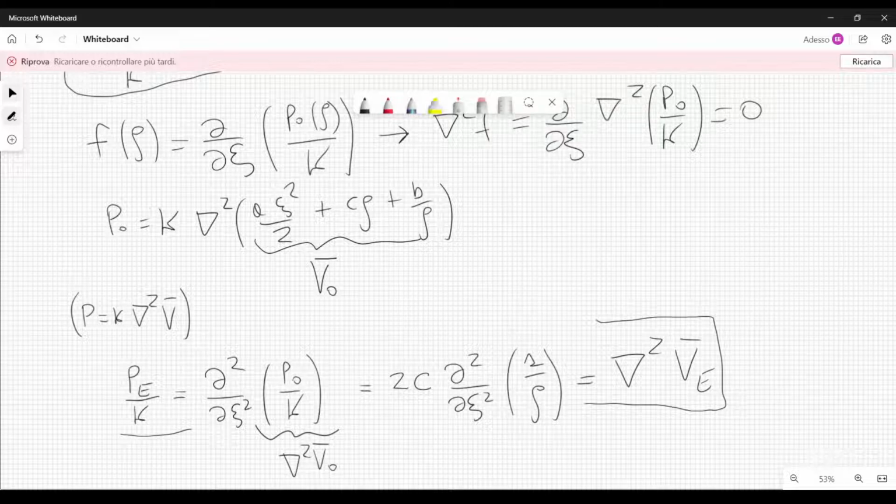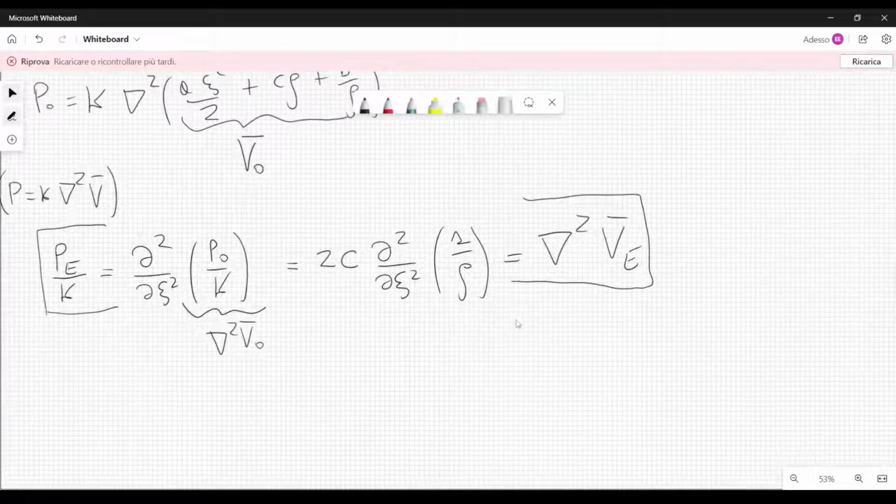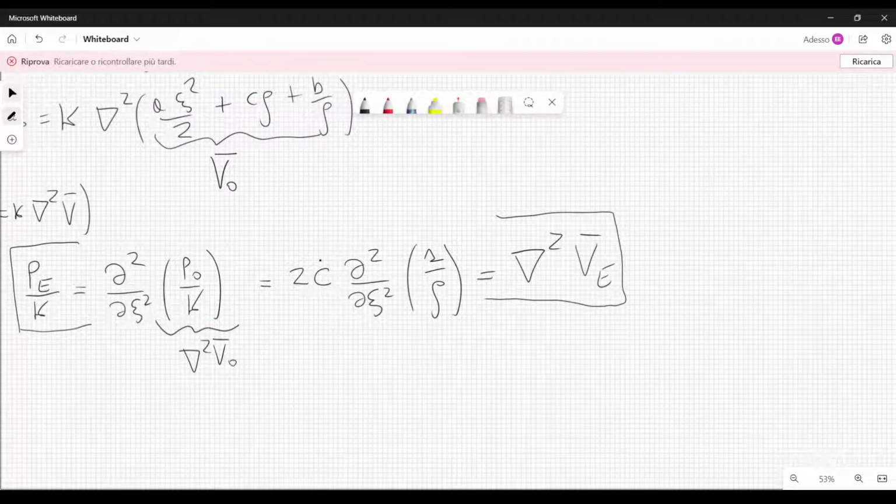PE is related to VE bar in the same way P0 is related to V bar 0, and P is related to V bar. From here, we can also define VE bar as del squared V0 bar over d xi squared.